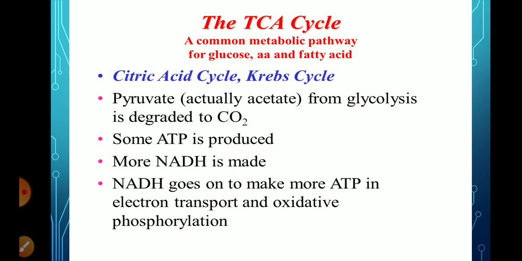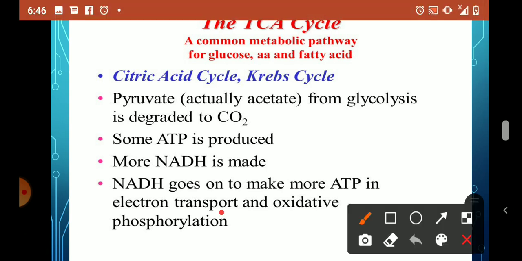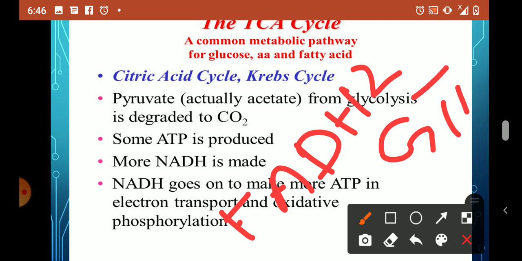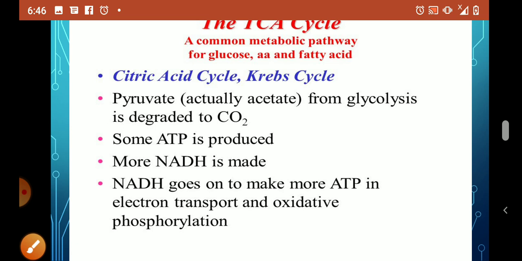In that, more NADH is formed, and NADH goes to make more ATP in the electron transport chain and oxidative phosphorylation, as well as FAD, sorry, FADH2 is also produced, and GTP is also produced in this reaction. So we will go through these in the next steps.